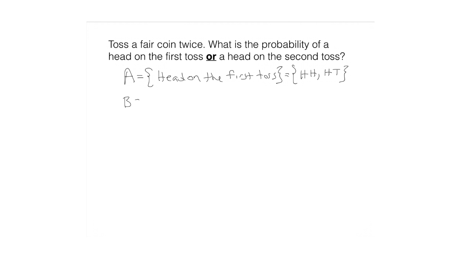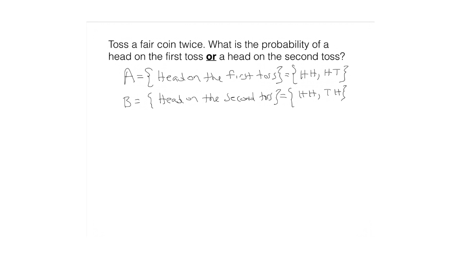And let's let B be the event of a head on the second toss. And that consists of two possibilities, a head followed by a head, or a tail on the first toss and a head on the second toss.